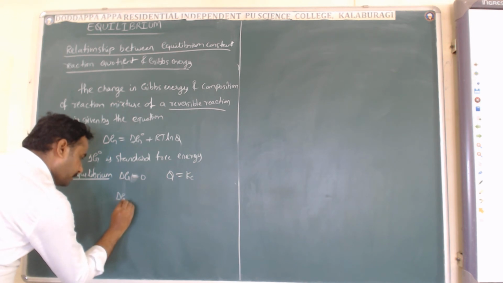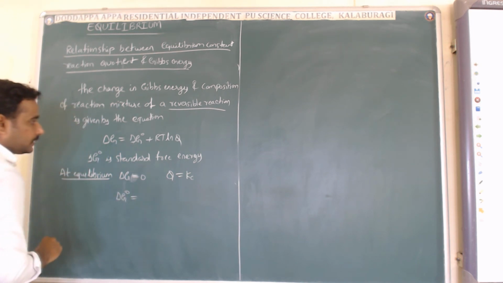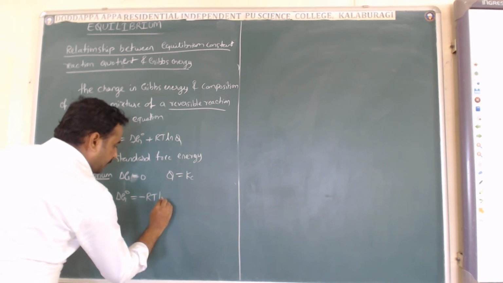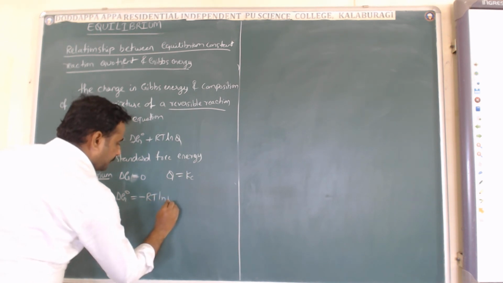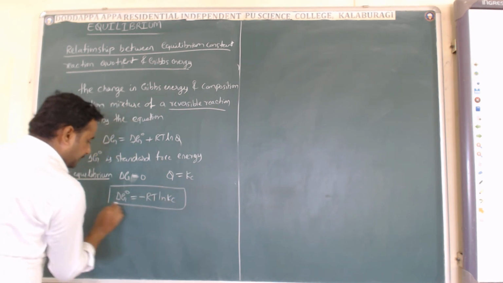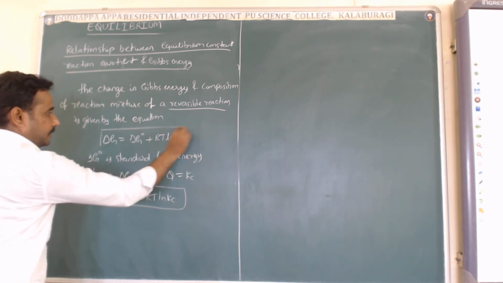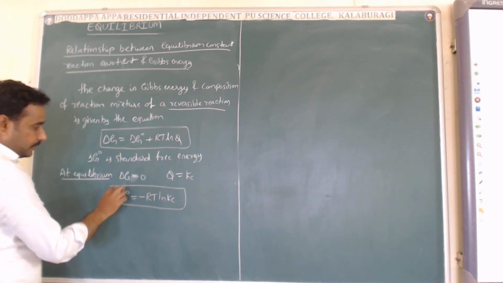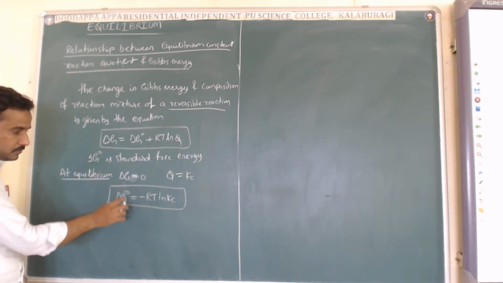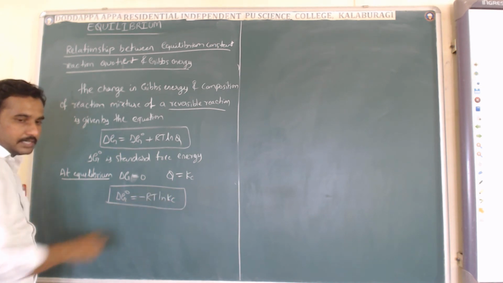So then delta G naught is equal to minus RT ln Kc. This is a very important one. When delta G is equal to 0 and Q is equal to Kc, you get delta G naught equal to minus RT ln Kc.